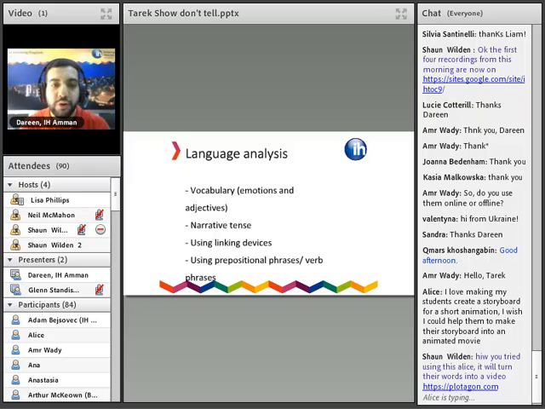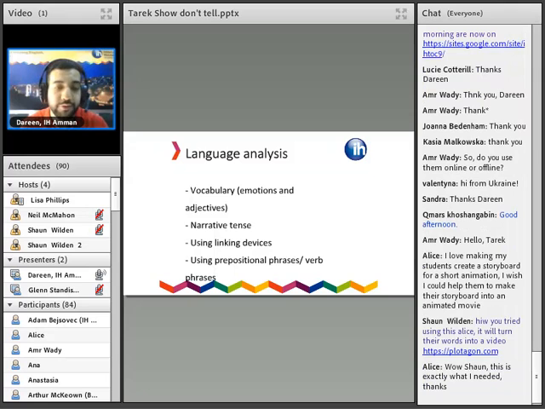Now for the whole thing, you can teach a lot of things. One of the things that you can do is vocabulary, especially for emotions, or you can do a pre-teaching depending on your story and what you have provided them with in the transcript. They have to know the narrative tenses, or you can introduce the narrative tenses, the past simple, past continuous, and the past perfect.